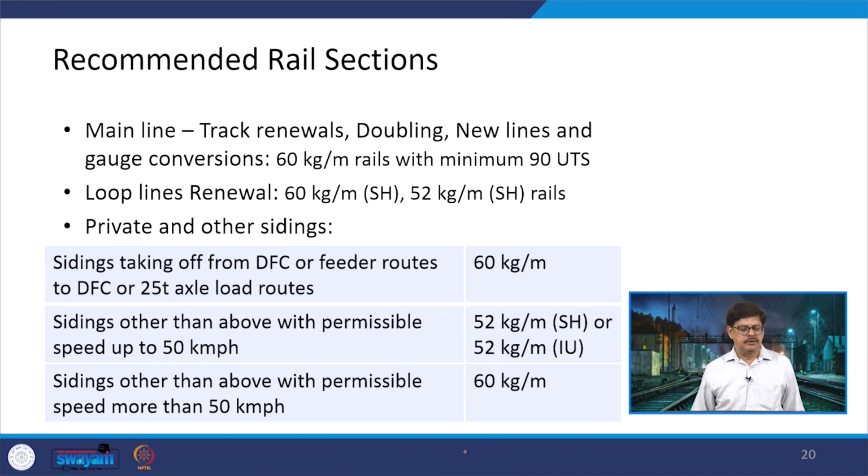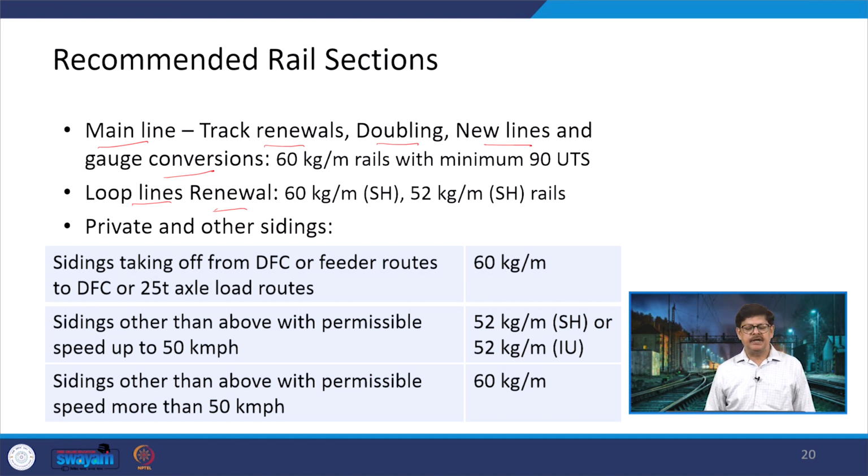In the case of a main line, or in the case of track renewals, doubling, new lines and gauge conversions, 60 kg per meter rails with minimum 90 UTS section shall be used. If we have loop lines and their renewals, then 60 kg per meter SH or 52 kg per meter SH rails can be used.